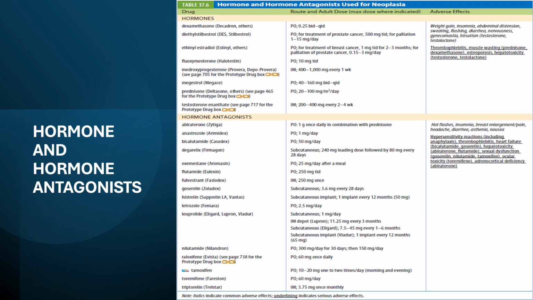Because they rarely produce cancer cures when used singly, these medications are normally given for palliation. These agents may be classified into four general groups: corticosteroids, gonadal hormones, estrogen antagonists, and androgen antagonists.